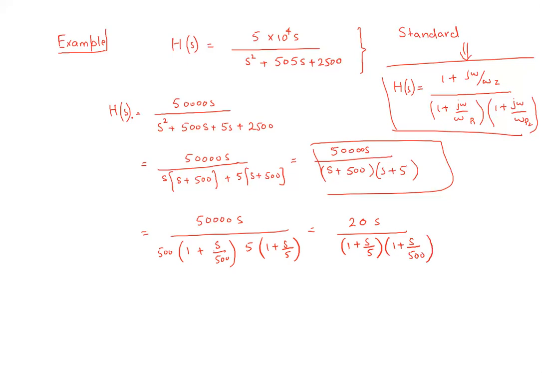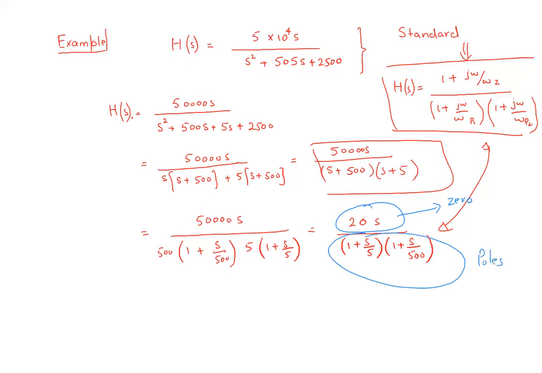Now is it in the standard form? Yes, it is in the standard form now. What information are we getting from this expression? The part I'm pointing at with blue is telling us the zero's location, and this one is telling us the poles' location.